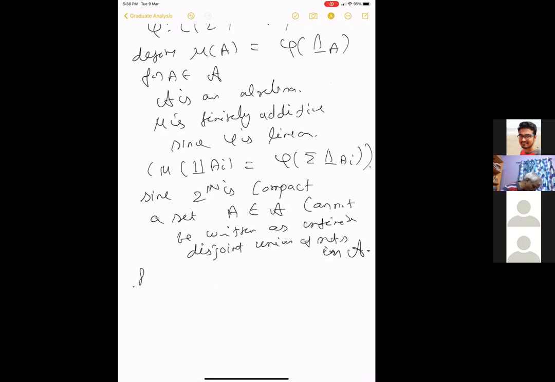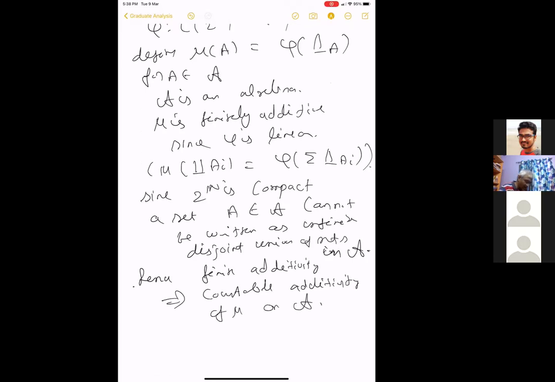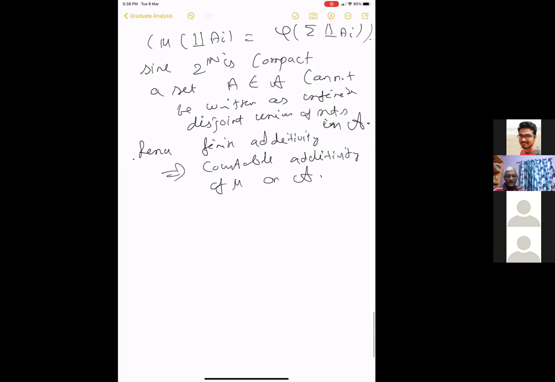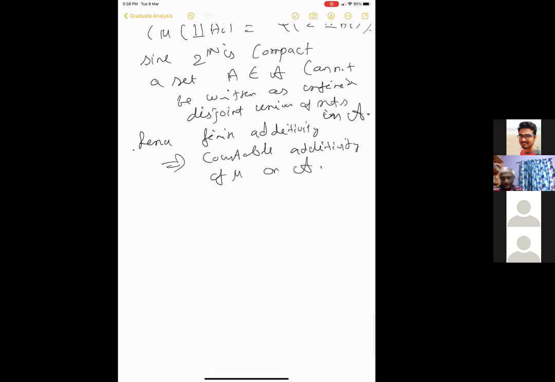Hence finite additivity implies countable additivity of mu on this algebra. We have defined mu on this algebra, so we have got a countably additive function mu on it.